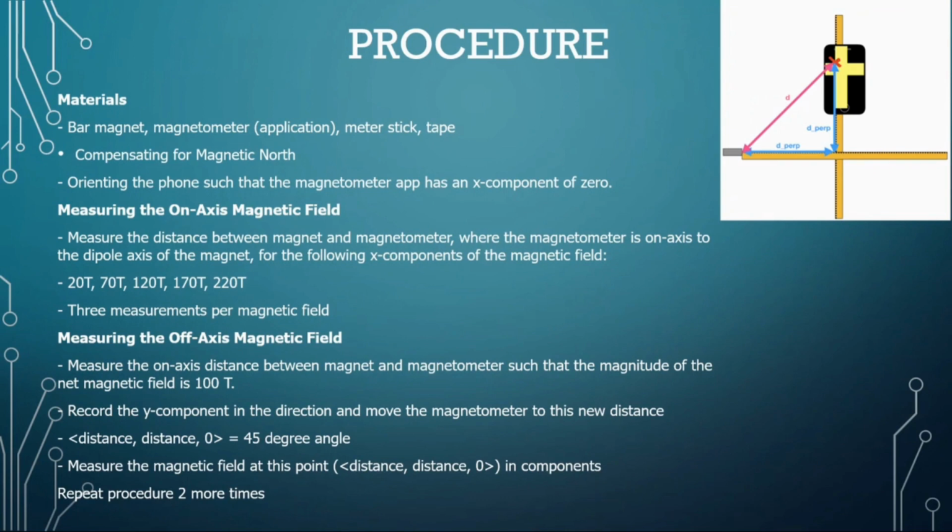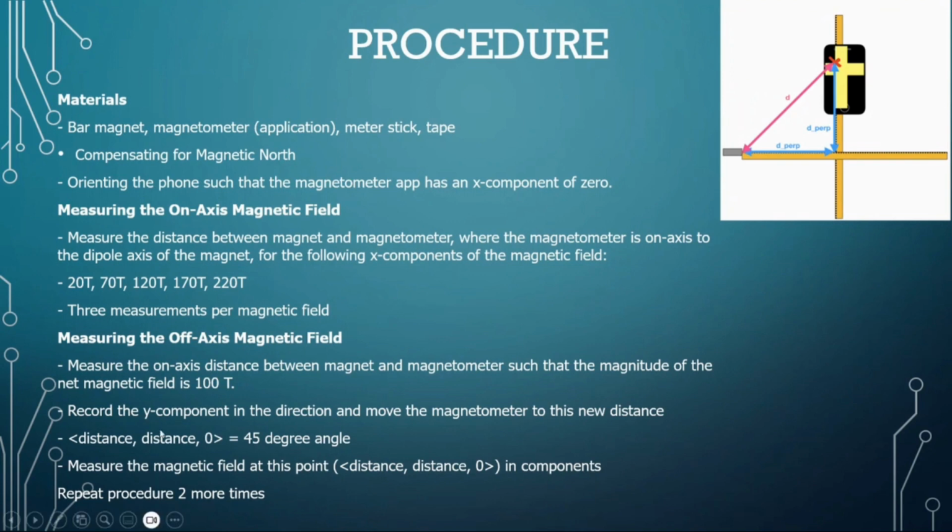Then, measuring the off-axis magnetic field, we're measuring the on-axis distance between the magnet and the magnetometer such that the magnitude of the net magnetic field is 100 microteslas. Then we're recording the y component in the direction and moving the magnetometer to the new distance.